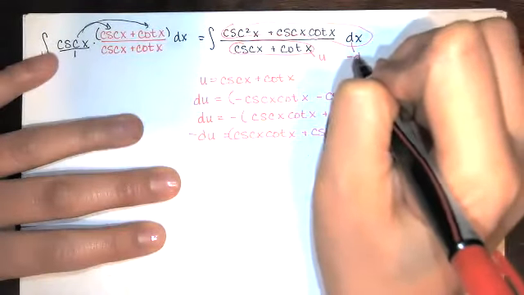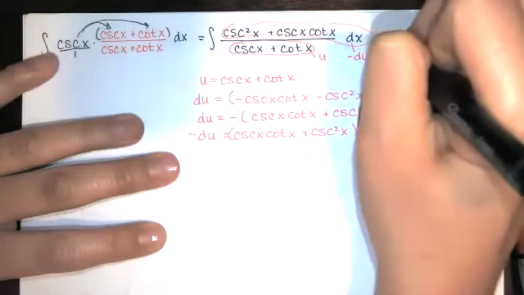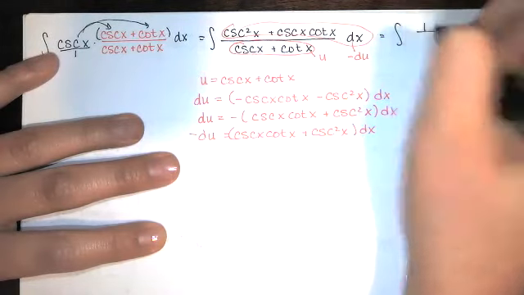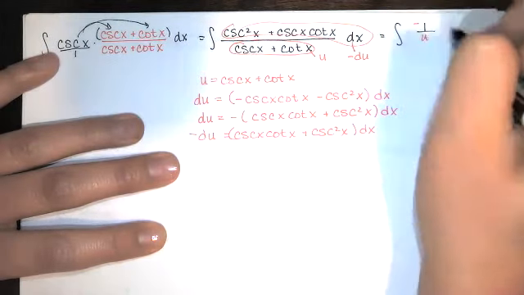And this piece turns out to be -1 times du. And that u is just the u in the denominator. Don't forget that it's in the denominator. So we have a 1 over u and a -1 times du.